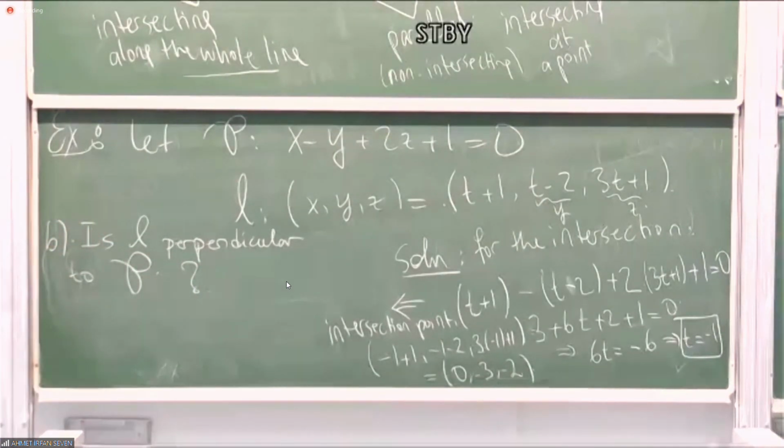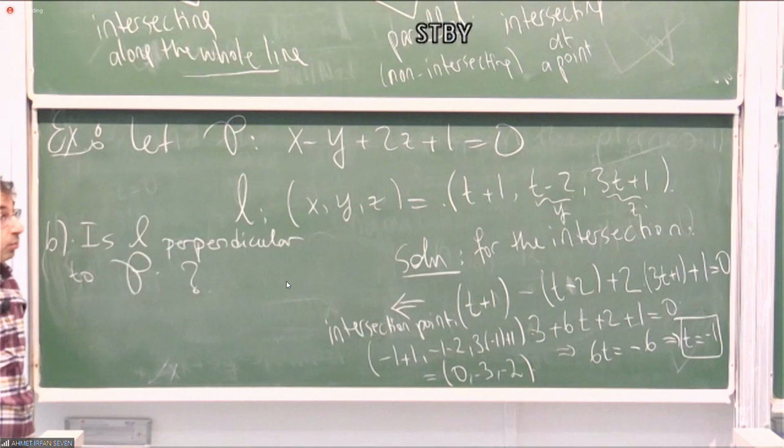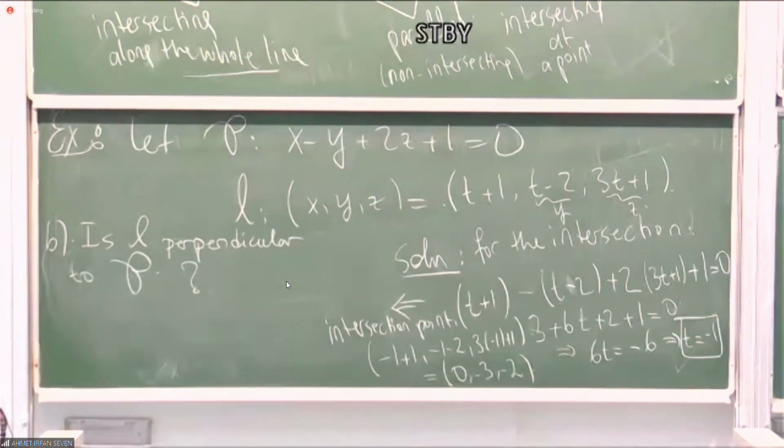And also, yeah, I guess I want to ask the angle between this line and P, but it is not easy to ask this one. So we should also discuss what is the angle between a line and a plane, which is not trivial actually.